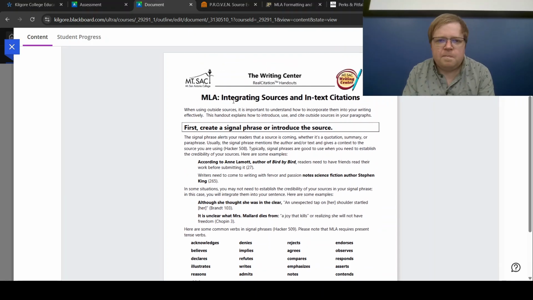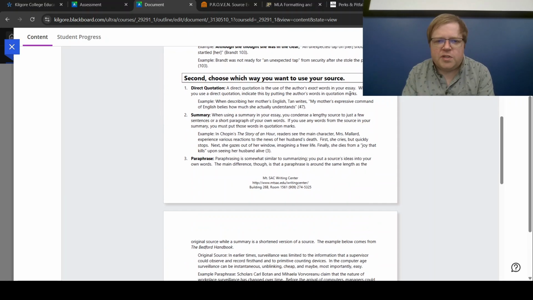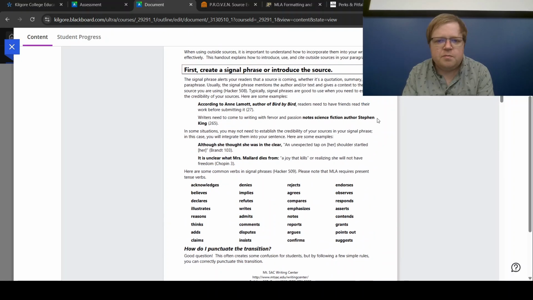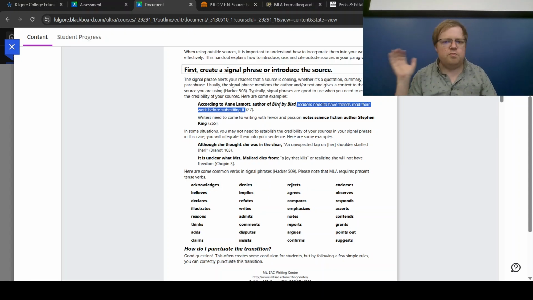So, yeah, there's 2 different ways to do this. You can either do a signal phrase where you say, according to so-and-so, author of such and such, and then you have whatever it is that they said. Maybe a quote or a paraphrase where you put it in your own words. And then after that, you will have any citation information that you need left over.